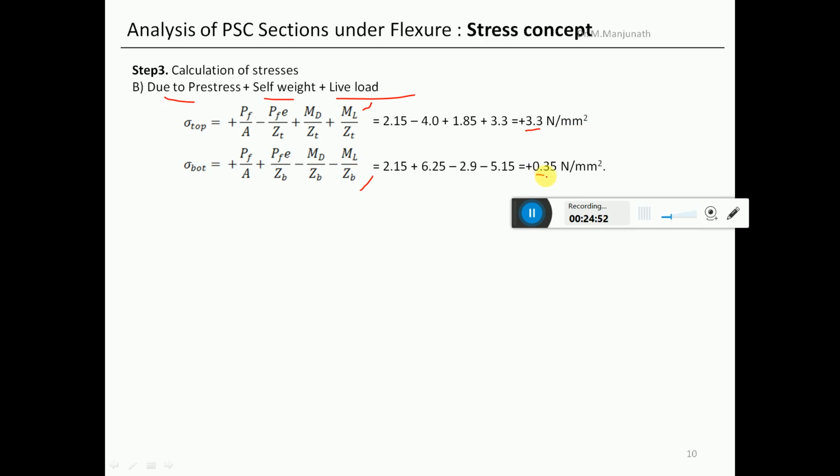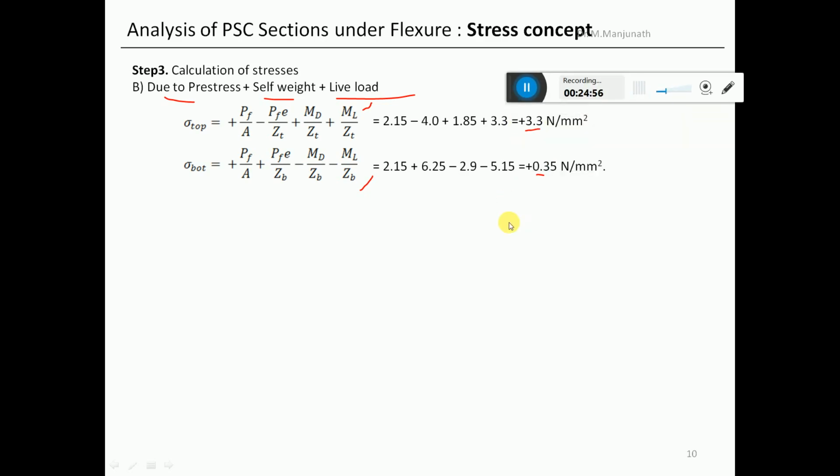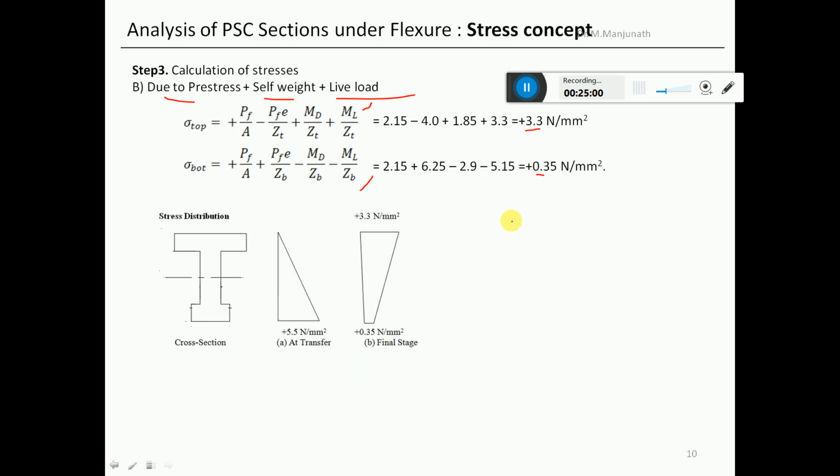So these stresses so calculated at the two stages can be plotted. This is the stress distribution, wherein this is at the transfer stage, and this is the stress at the final stage.